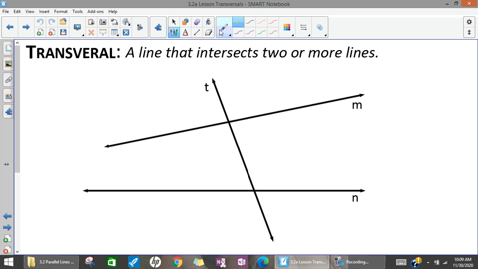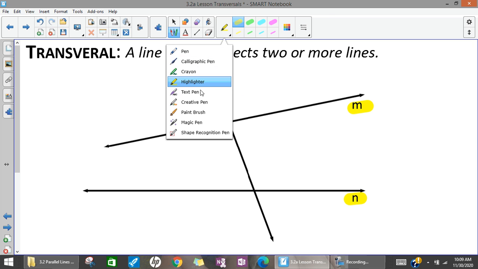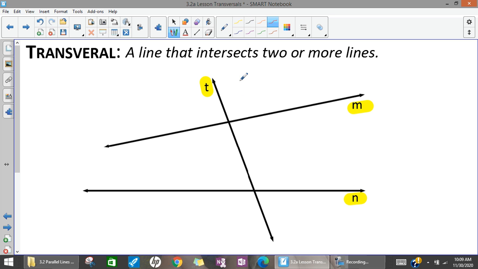We have line M, line N, and then this line T. And line T is what we call a transversal. A transversal is just any one line that intersects two or more other lines. So line T is intersecting or crossing over both line M and N, and so we call that a transversal.